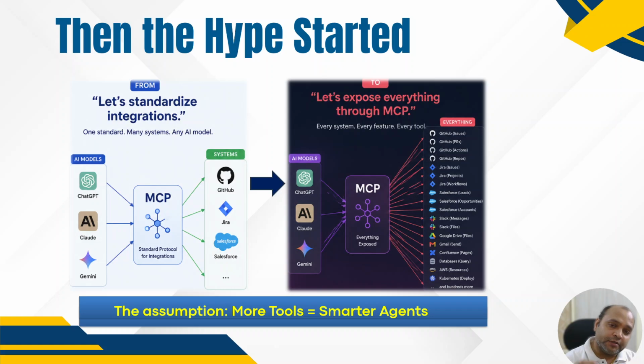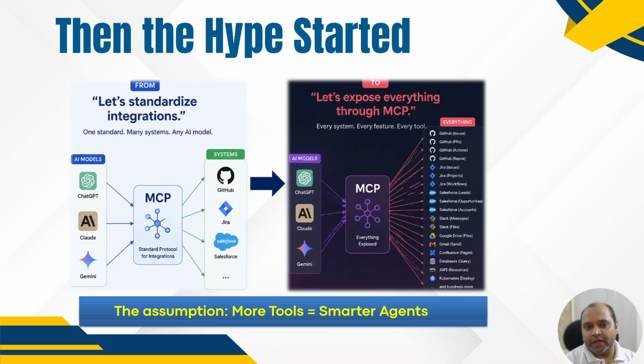But whenever things come into the market and people start using them, we also come to understand the limitations and drawbacks of any new idea. The thought process in the past few years was, let's standardize the integration, MCP is there, let's do that, and people started using it. In fact, I also did that, and many people are using this.